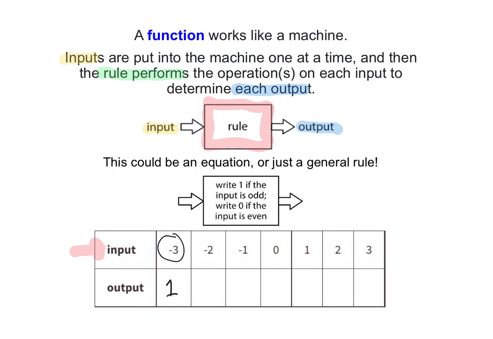Same thing, our -2 goes into the machine, and what comes out is a 0. -1 goes in, what comes out is a 1. 0 is neither odd nor even, so I would just say leave that one open. But then we got ourselves another 1, another 0, and another 1. That is an example of a function. It can really be that easy.